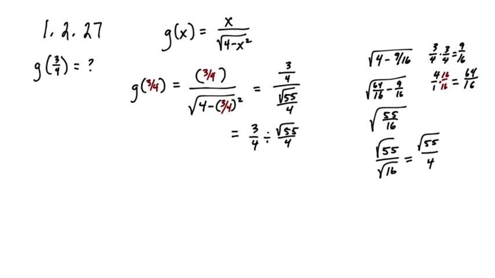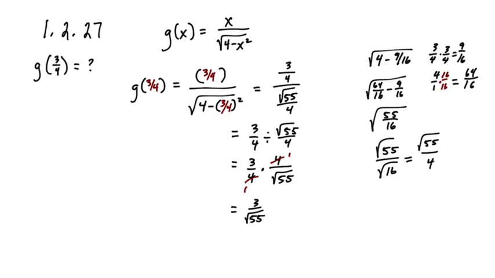Well, when we divide by a fraction, that's equivalent to multiplying by the reciprocal. So we change division to multiplication and flip the second fraction. Now you can see our 4's are going to cancel. We have a factor of 4 in the numerator and denominator. And so we're left with 3 over the square root of 55.